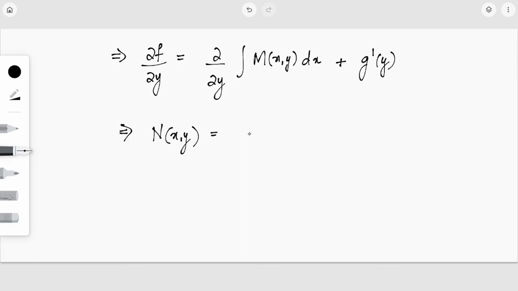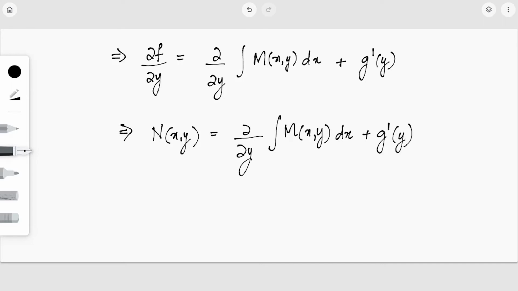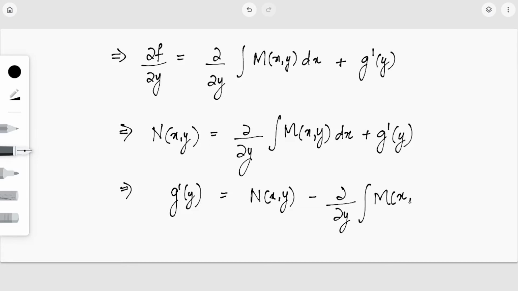So n of xy is ∂/∂y of the integral of m of xy dx plus g dash of y. Now rearranging, I get g dash of y is nothing but n of xy minus ∂/∂y of the integral of m of xy dx.